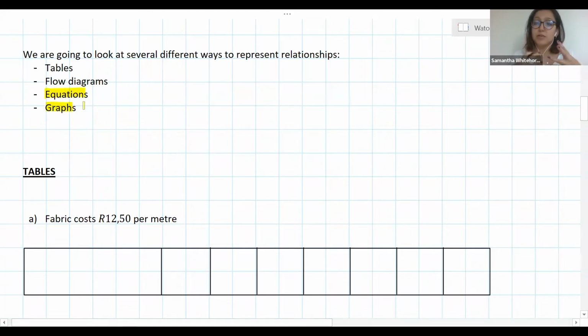They're important to build this foundation. But once you get into grade 9, 10, 11, 12, it's really equations and graphs that we need to be comfortable with. So we're going to have a look at all of these, see how we can get from one to the other, and then eventually start drawing graphs, which hopefully we'll get to today, but we'll see how we go.